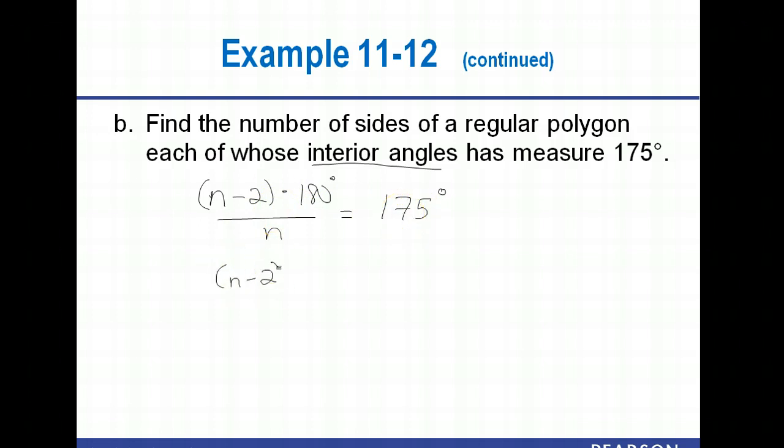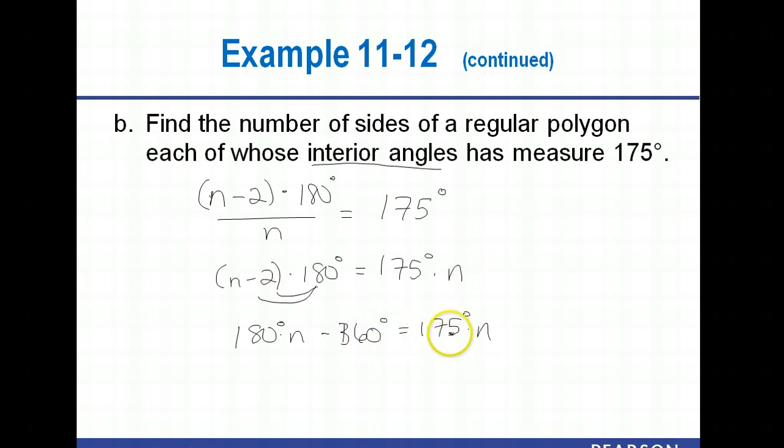So I have n minus 2 times 180 degrees will be 175 degrees times n. And now I can use the distributive property here to distribute this 180 across the parentheses. 180 degrees times n minus, what's 2 times 180? 360. And that's 175 degrees times n. And now I can just get everything on the one side, right? So let's move this 175n over to 180n by subtracting.